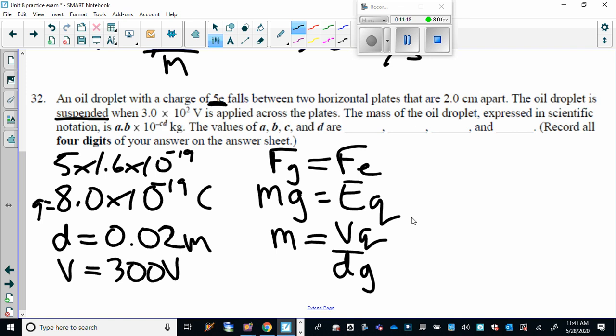Okay, so now we have the voltage, we have the charge, we have the distance between the plates, and we have gravity. Plug the numbers in, and you are going to get 1.22 times 10 to the negative 50. And that's how you would fill that one in.